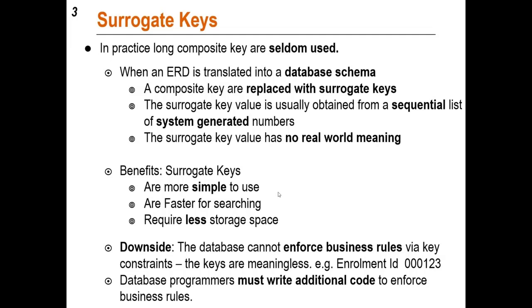The main benefit of surrogate keys is that they are very simple to use, faster for searching because it's a sequential number, and they require less storage space compared to long, clumsy composite keys. But the main disadvantage of surrogate keys is that we are not able to enforce the business rules and show constraints in our databases, because there is no meaning attached to any of these sequential numbers, right?